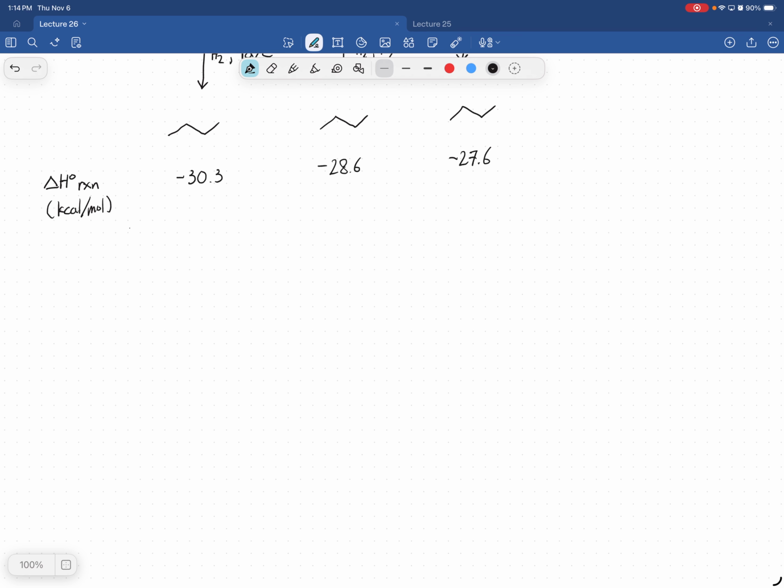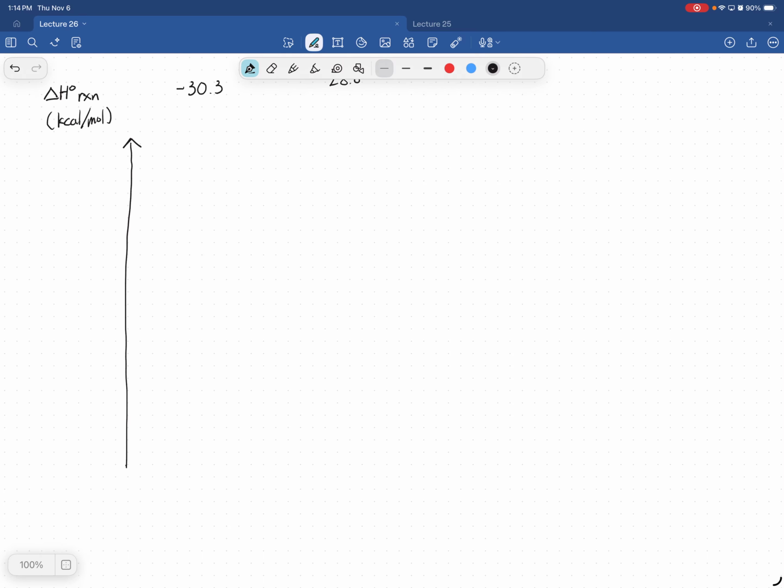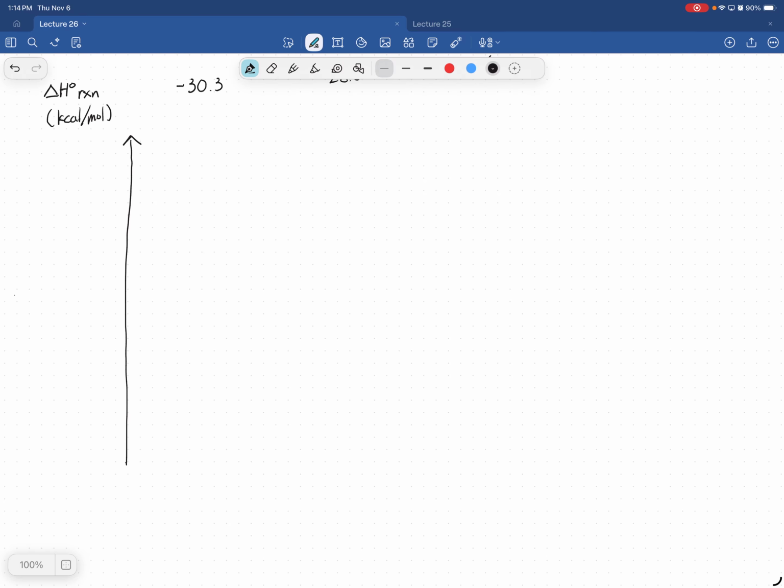So I'm going to draw a graph. So let's draw a graph. All right. So here's my negative delta H, and I'm going to put H-Y-D to indicate hydrogenation. So right in the middle, let's put this at 30, because our ranges here are not going to be very wide. So 30, 35, and here let's put 25 right here.